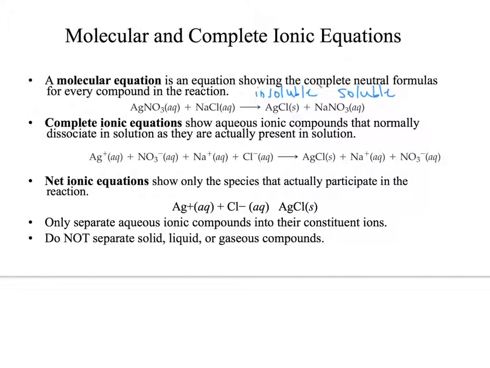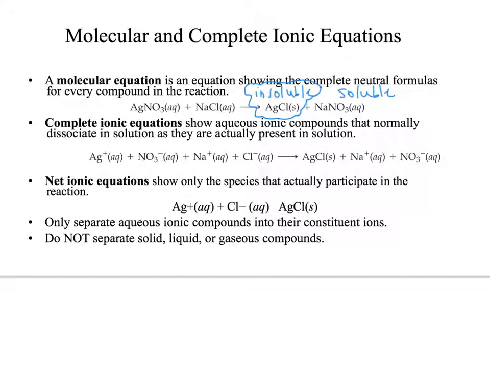The silver chloride is the solid, it's insoluble, and it is the precipitate. So when writing a molecular equation, you want to make sure that your ionic compounds are intact, that they're balanced, and also that you include whether they're aqueous, solid, liquid, or a gas in the equation.